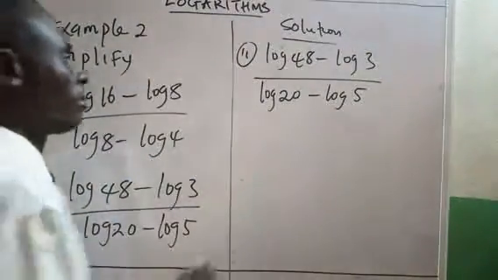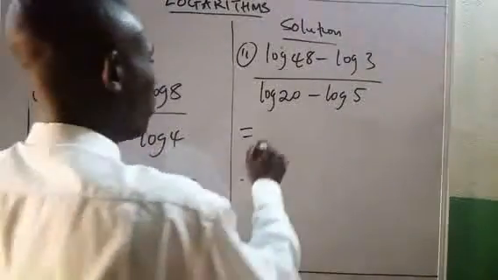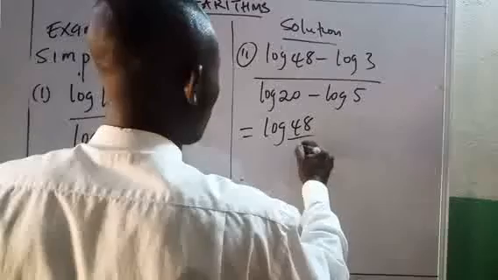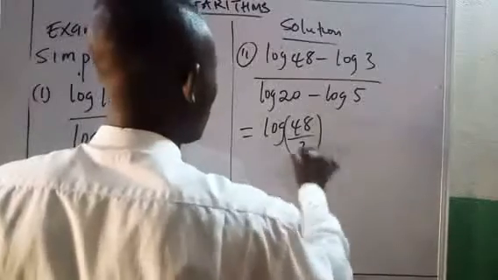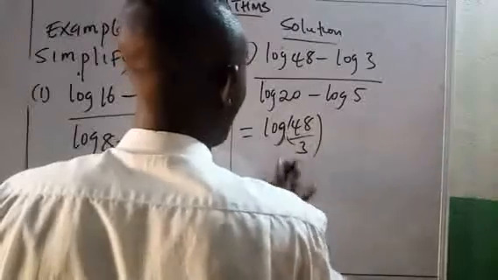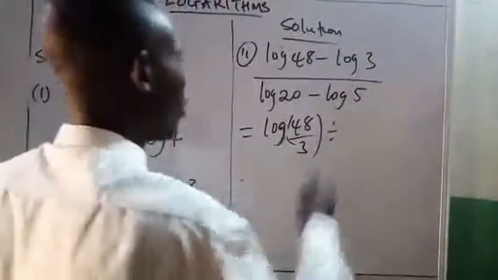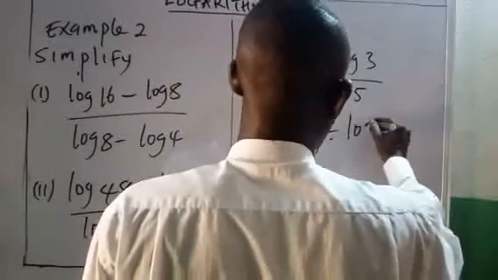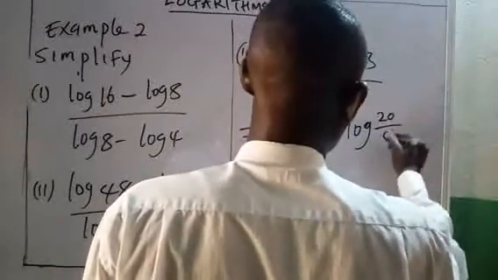So this is the same thing as log 48 over 3, log 48 over 3, this division line, divide by log 20 over 5.